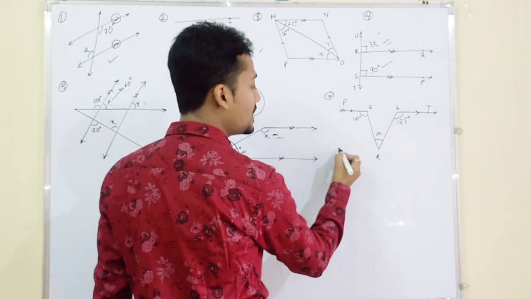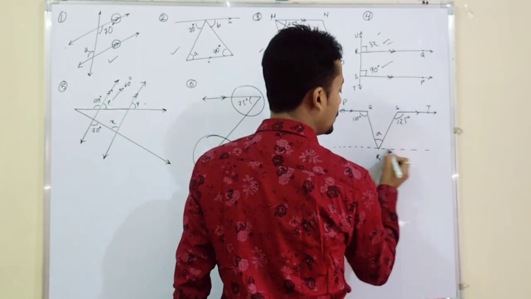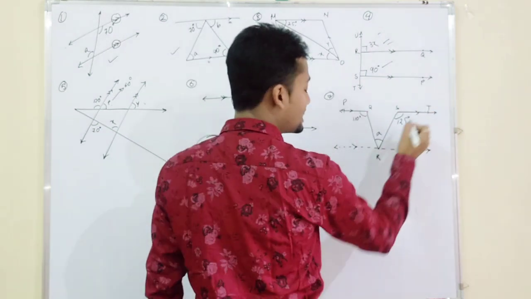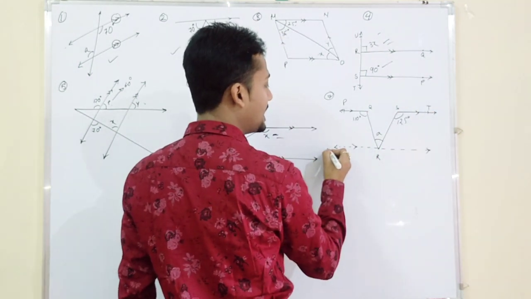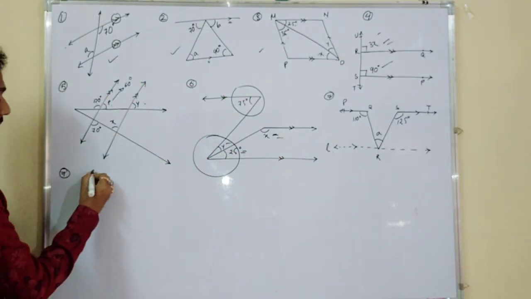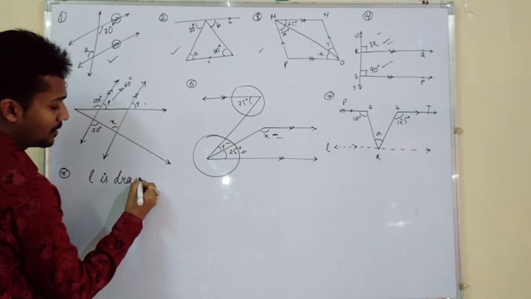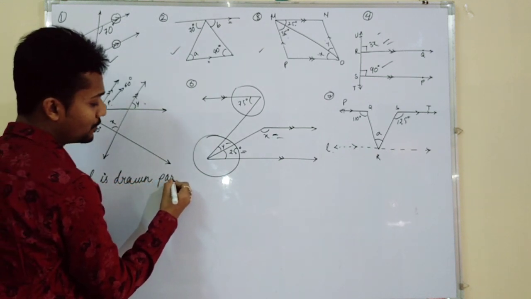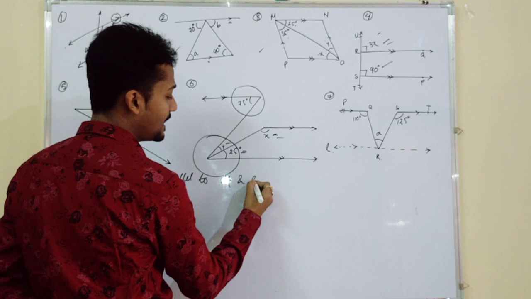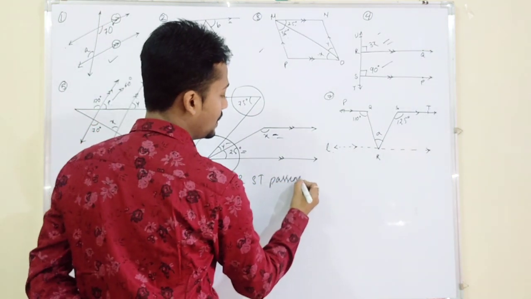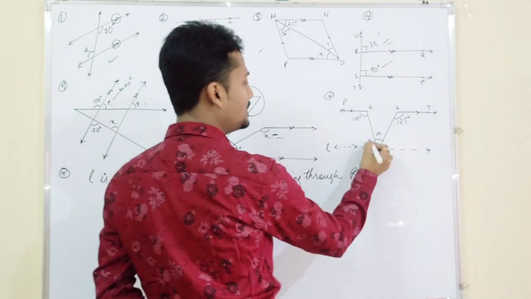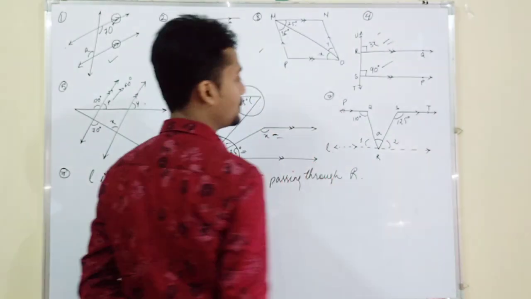So what we will do, we will construct a line in this manner which passes through the point R, but it is parallel to PQ and ST. Okay, let me mark this line as L. So number 7, L is drawn parallel to PQ and ST, passing through R. Okay, now mark this angle as angle 1 and this is angle 2.